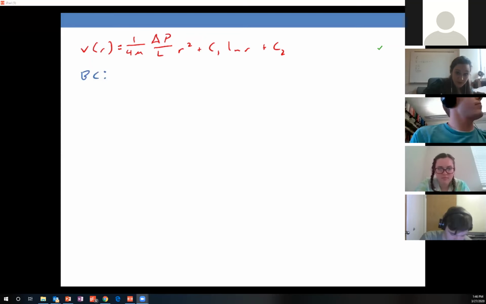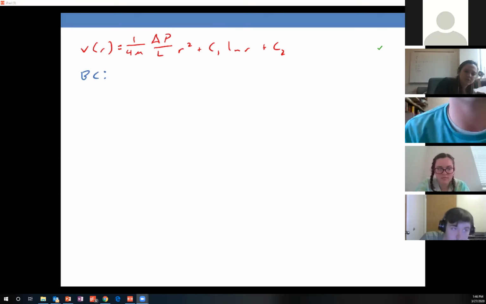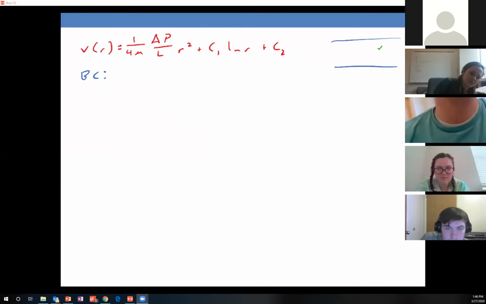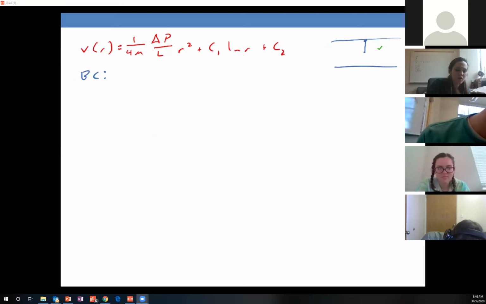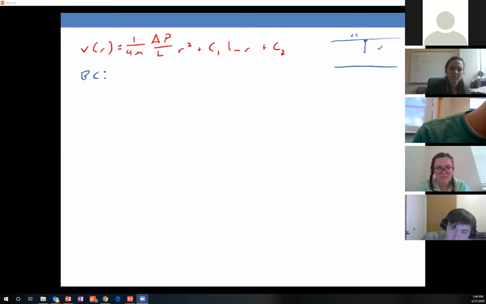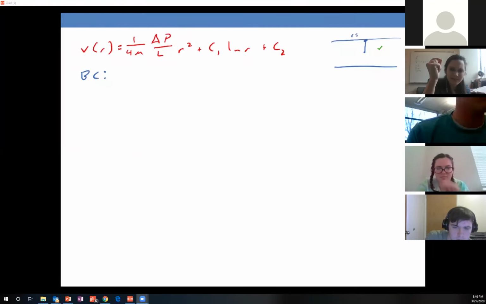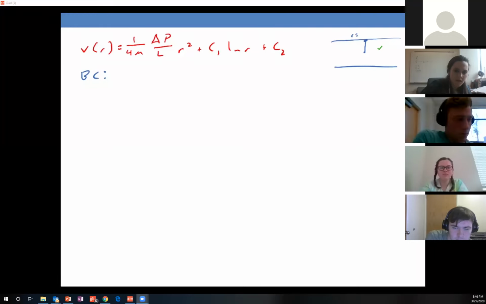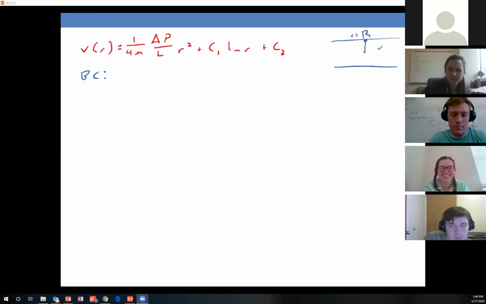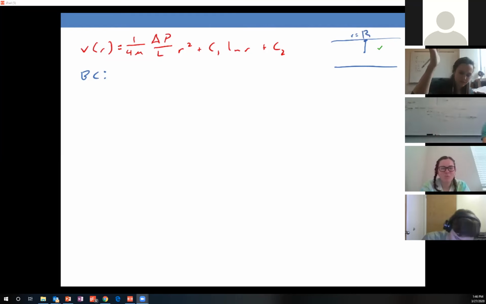And an obvious one is at the pipe wall, right? At the pipe wall, what does R equal? R is the radius, D over 2. I think I said capital R is what we were going to solve this in terms of, but it would also be D over 2, either one.